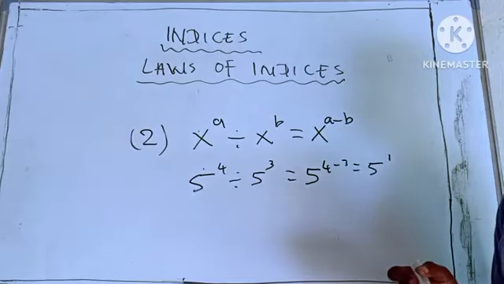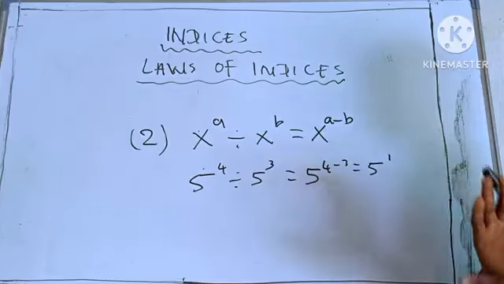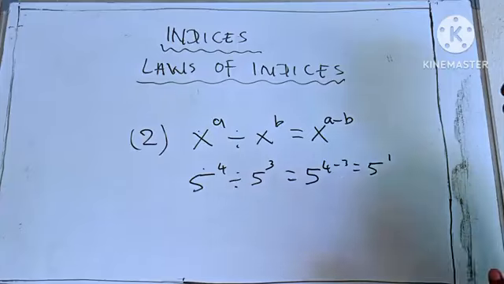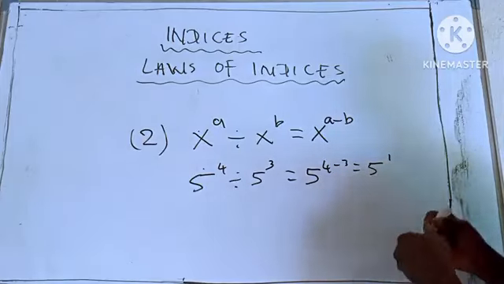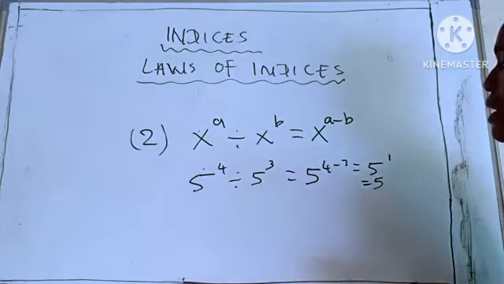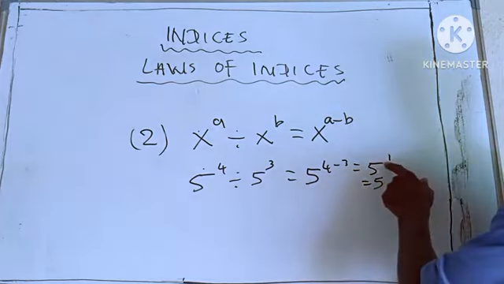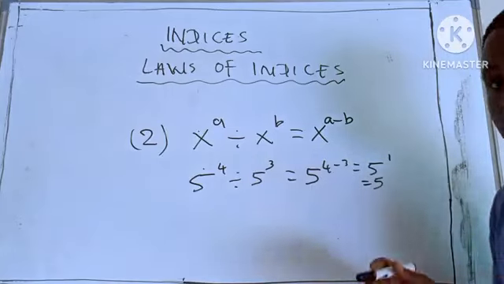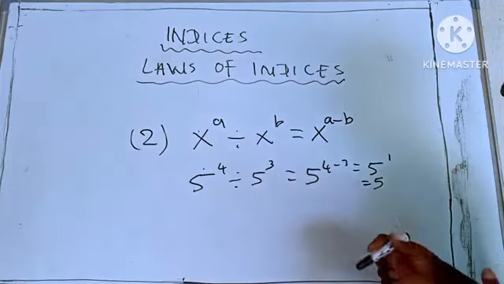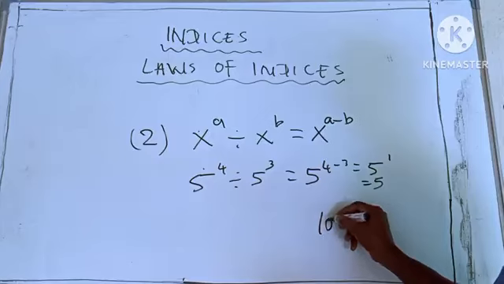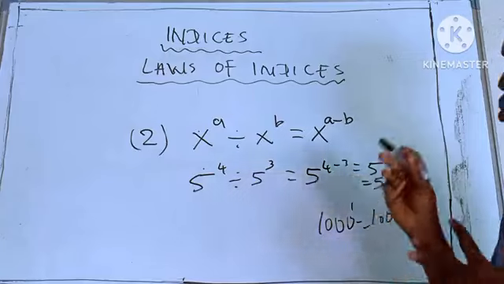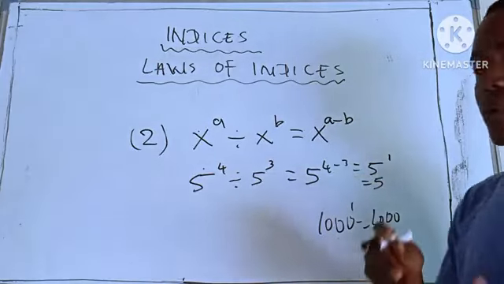And take note, any number raised to power 1 will still give you that particular number. So 5 raised to power 1 will still give us 5. But in most answers, they might decide to leave the answer in this format. So don't be confused. Any number raised to power 1 is still that particular number. 1000 raised to power 1 is still 1000. 1,000,000 raised to power 1 still gives you that particular number.